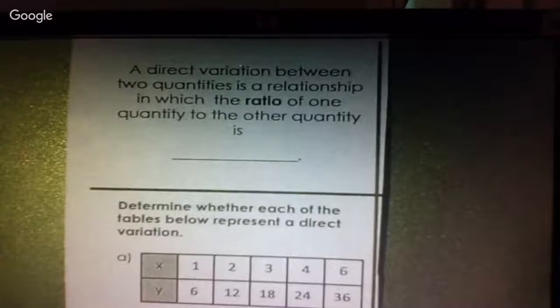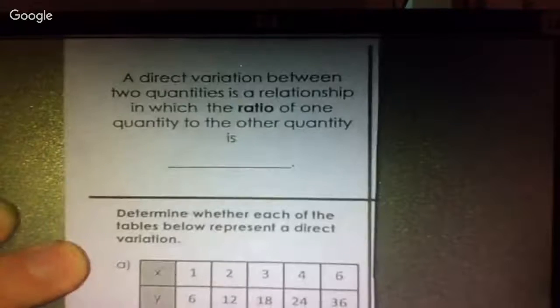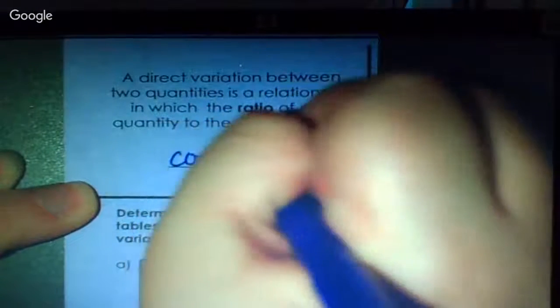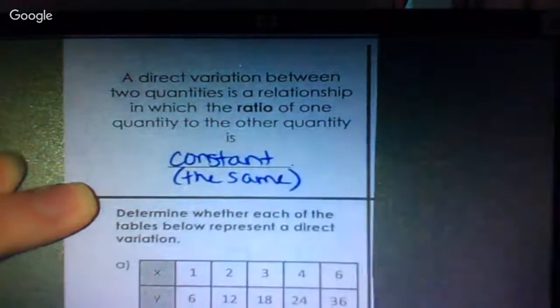It says a direct variation between two quantities is a relationship in which the ratio, a ratio is a fraction, which is why we divide y by x, of one quantity to the other is constant. What does constant mean? It's all the same. If everything's constant, that means it's the same.